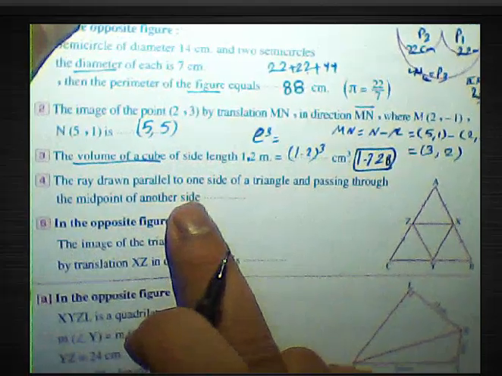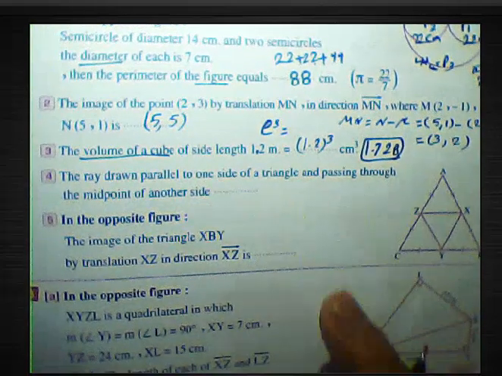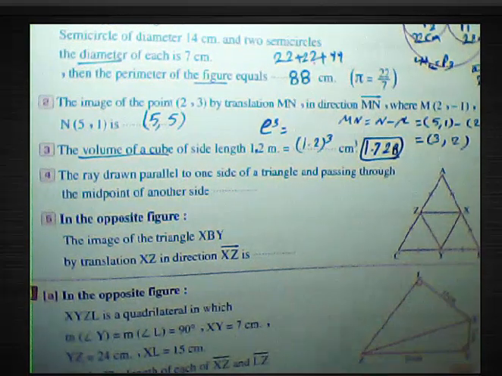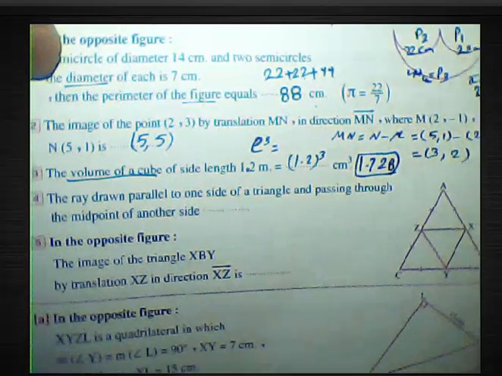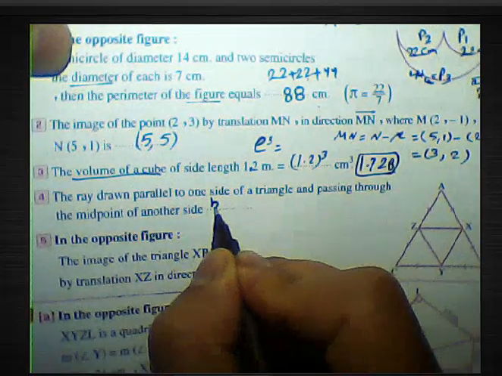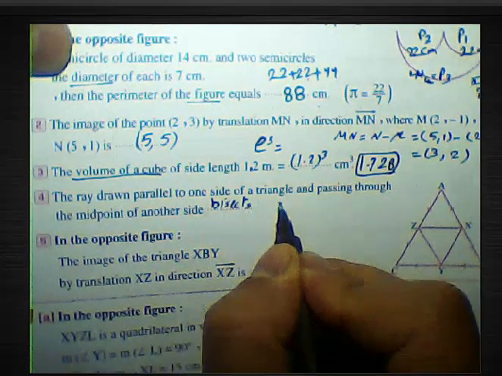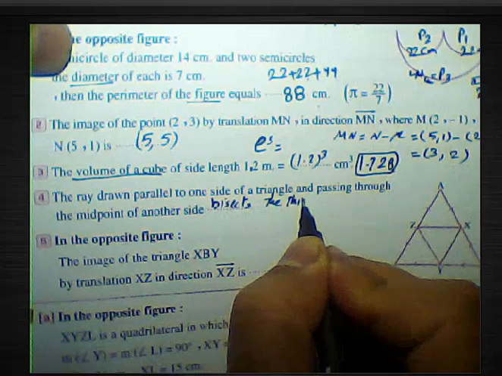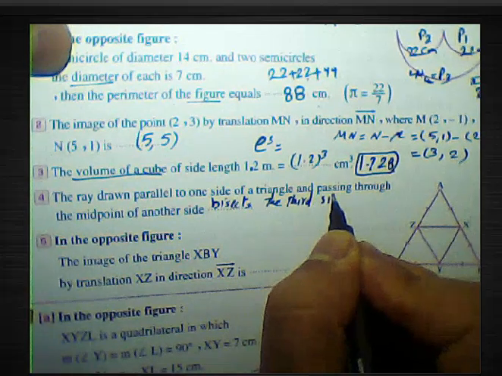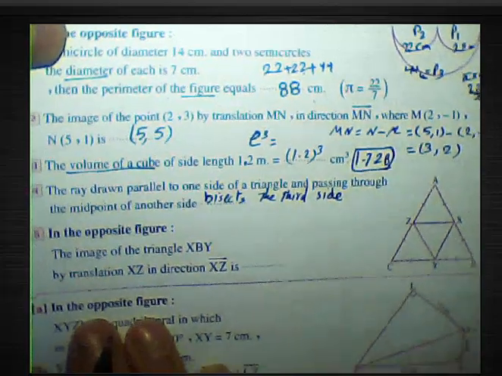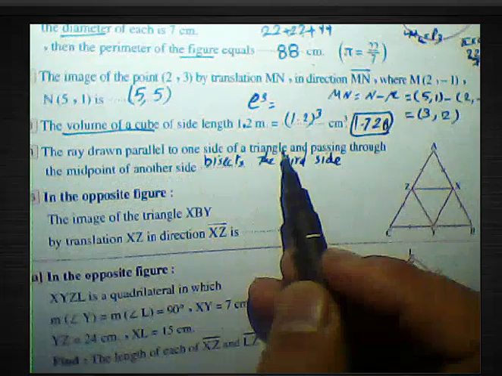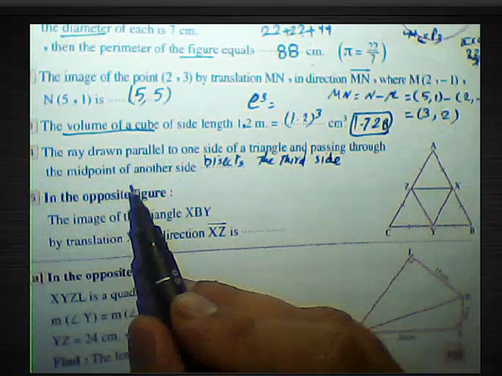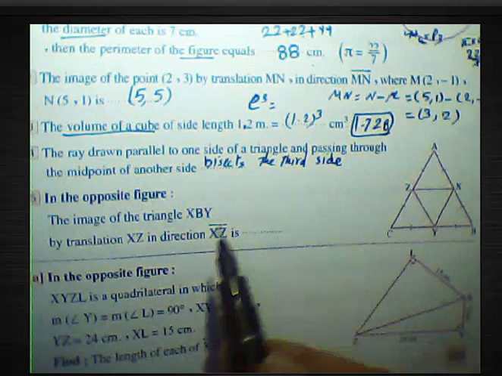Drawing a line parallel to one side of a triangle and passing through the midpoint of another side bisects the third side. Again, drawing parallel to one side of a triangle and passing through the midpoint of another side, bisects the third side.